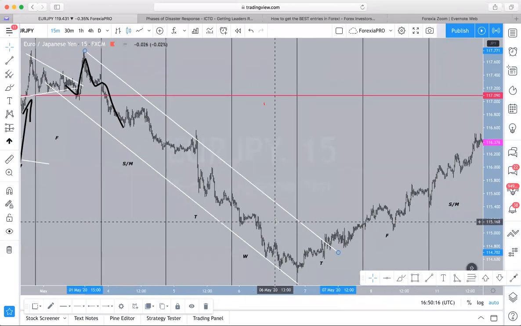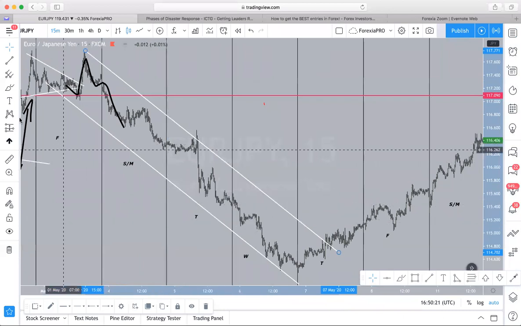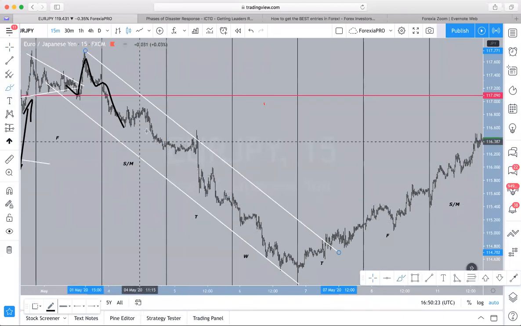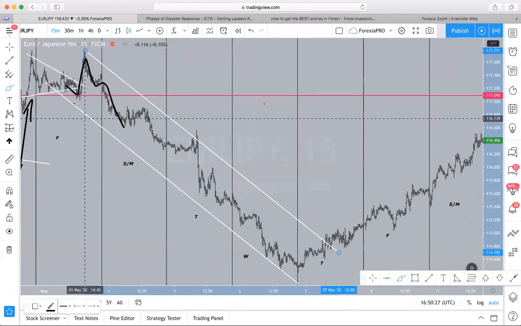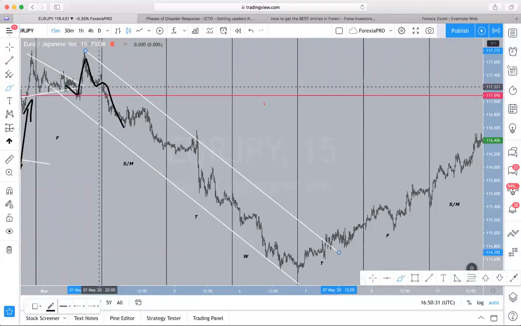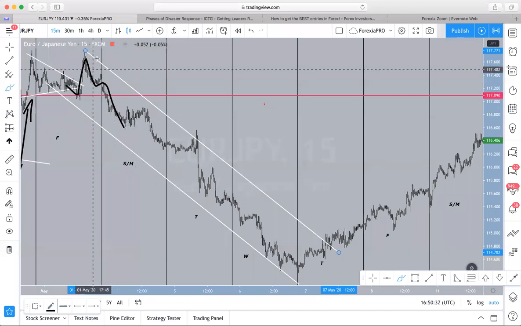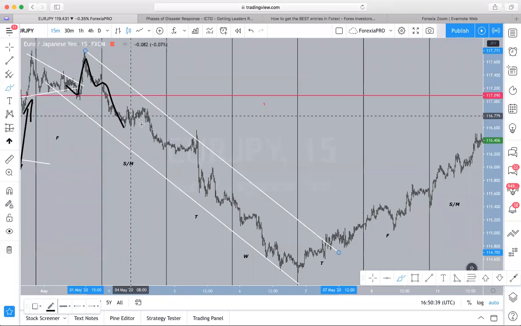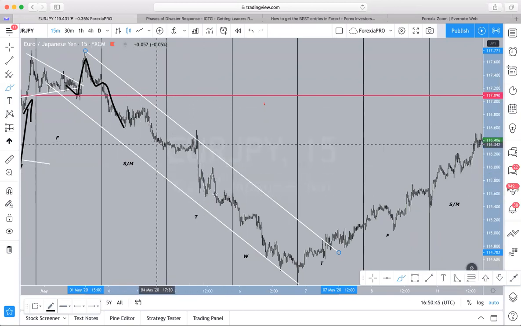And not only is it becoming obvious, but it's becoming obvious at a certain time, right? It's not becoming obvious Friday. It didn't even start Friday. It didn't become obvious Sunday, Monday that it was a downtrend. It didn't even really become obvious Tuesday that it was a downtrend.